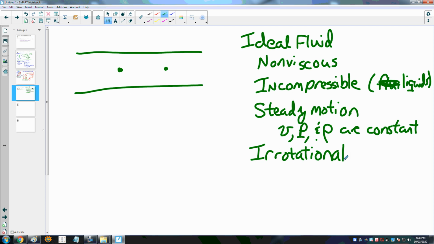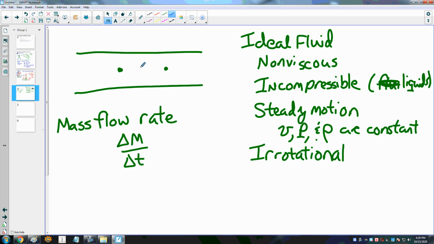Okay, so we have two different flow rates. Mass flow rate. These are flow rates that are relevant when we're talking about the flow of a fluid. The mass flow rate is delta M over delta T. That is, at a given point, what mass passes this point.